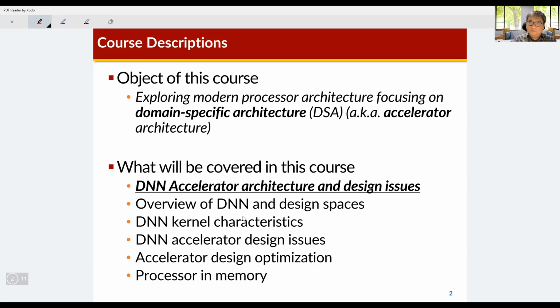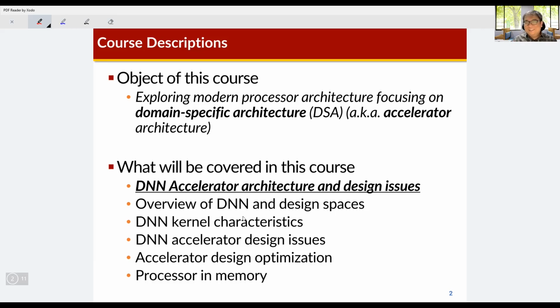I believe you are very familiar with the computer architecture course because computer architecture is a mandatory course in the computer engineering and computer science departments. But in the computer architecture course, we learned about the very old type.